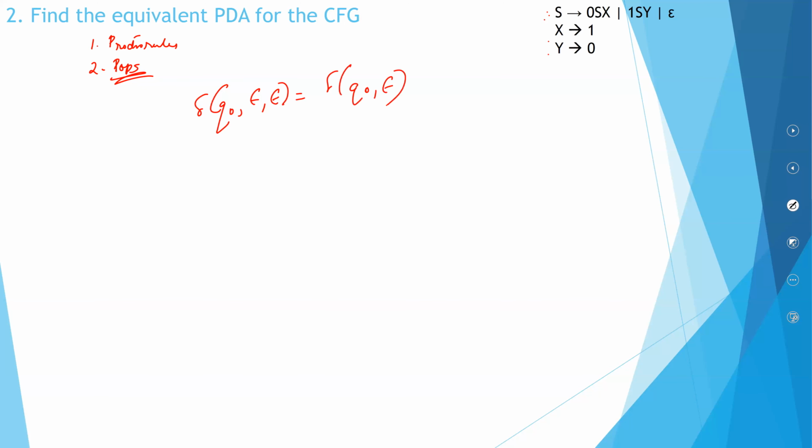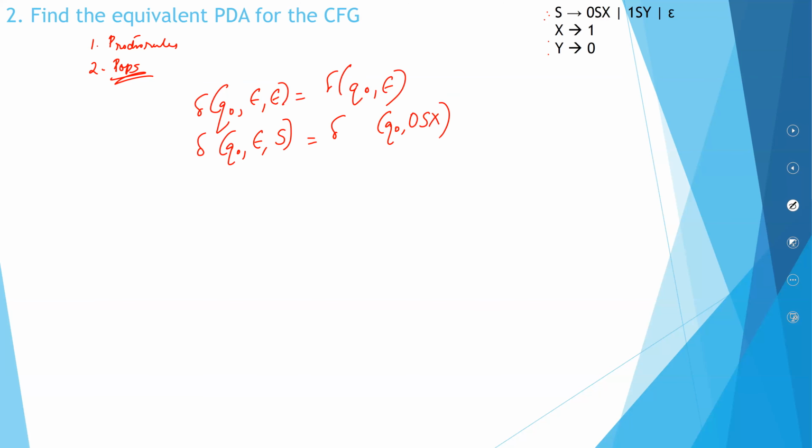Now, let us write for S. Q0, input is epsilon, top of the stack is S. Okay. Delta Q0 0SX, because S is 0SX.